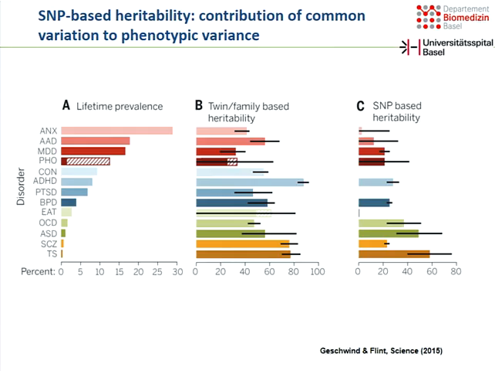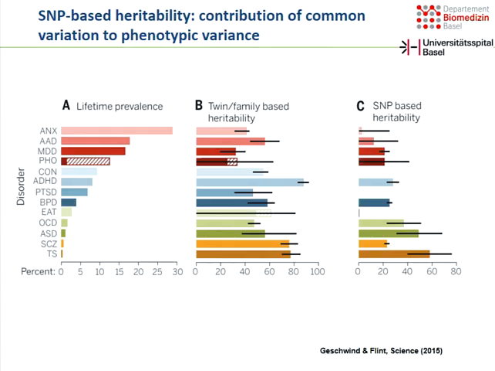So we have looked at the lifetime prevalence of different psychiatric disorders, and we have looked at the heritability for these disorders, and now we can calculate, using SNP-based heritability, the contribution of common variation to the overall heritability. And you can see that is very different. So, for example, in bipolar disorder, you have between 20 and 40% SNP-based heritability.